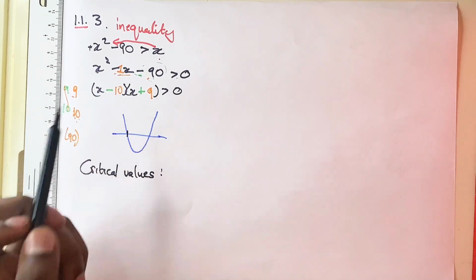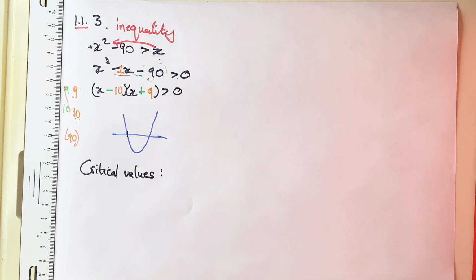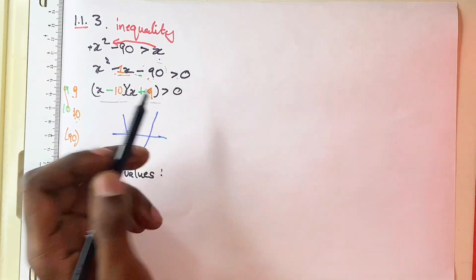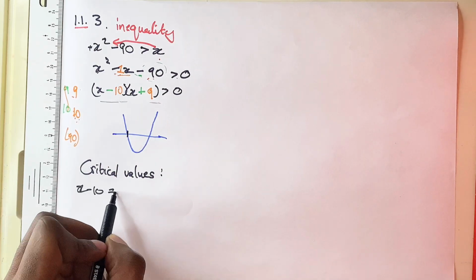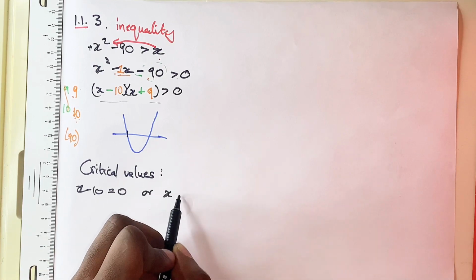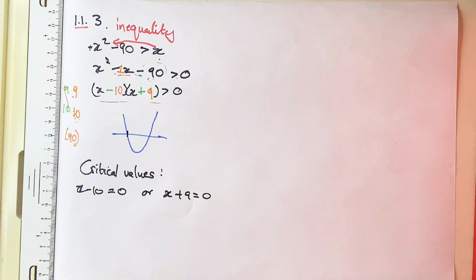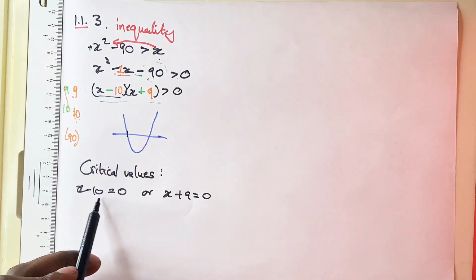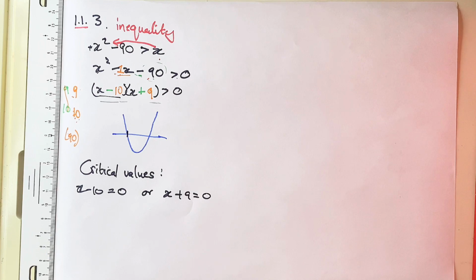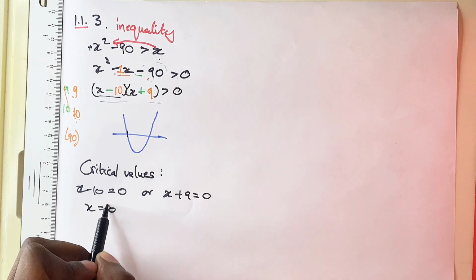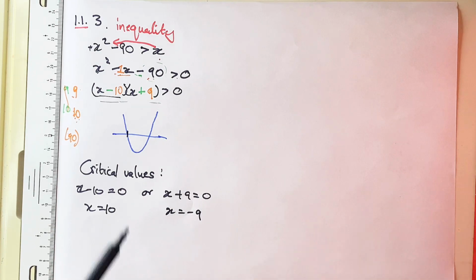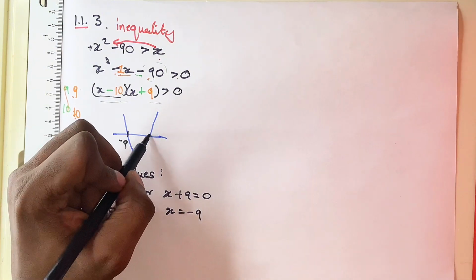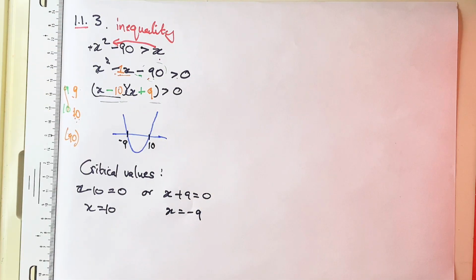Now, critical values, imagine them as the solutions to this if there was an equal sign, so we're going to have x minus 10 equal to 0, or x plus 9 equal to 0. This is this bracket, this is this bracket. Now, x in this case is equal to 10, or x is equal to negative 9. Now we're going to put those on our quadratic function there, negative 9 and 10.